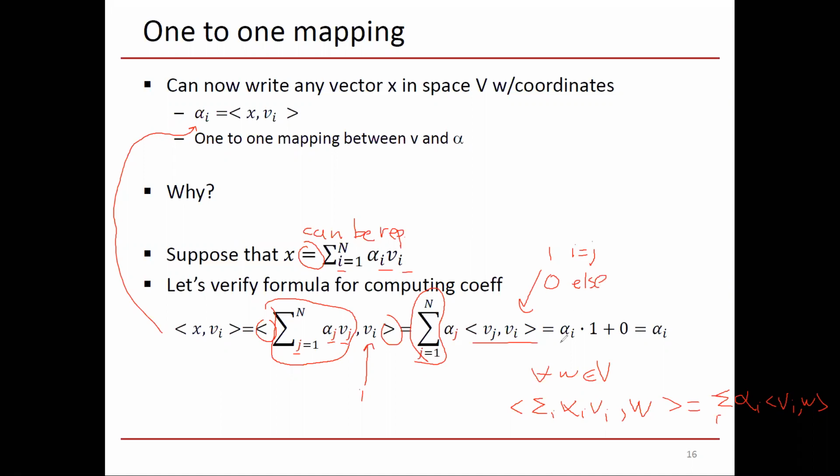Therefore when j is equal to i, alpha i is multiplied by 1, and the rest of the time, when j is different from i, we're multiplying something finite by 0, and although we have n minus 1 of them, they're all going to be 0. So overall, this entire summation gives us alpha i, and we can see that we can go from x to alpha i and back.